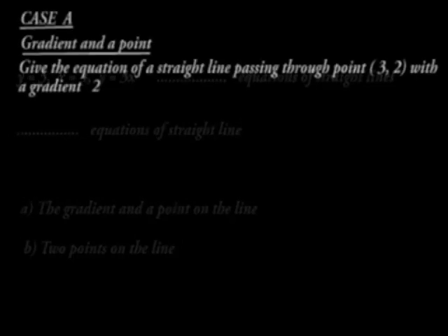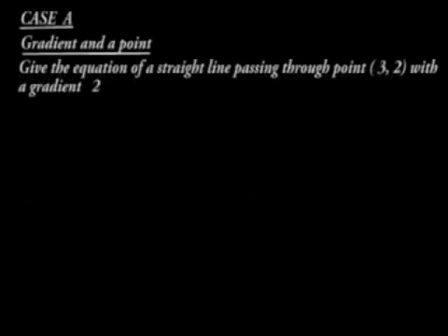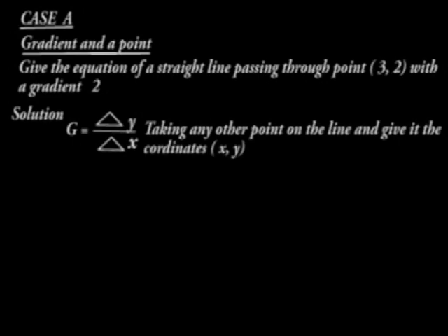In the first case, if we have the gradient and a point, for example, give the equation of a straight line passing through the point (3, 2) and with gradient 2. In our solution, gradient is change in y over change in x.